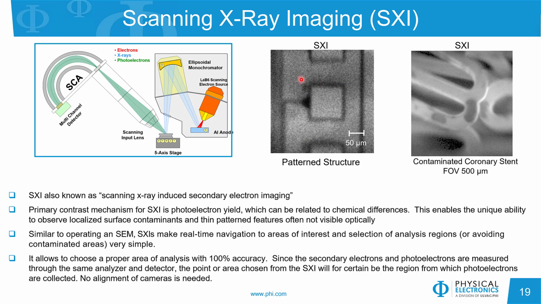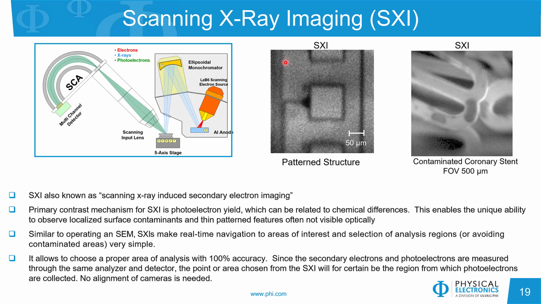This is the primary contrast mechanism in SXI. The secondary electron yield is related to chemical differences, so we can really easily observe contaminations, patterns, and sometimes we can find defects that are not visible optically. Very similar to SEM operation, we can navigate using SXI live by point and click and find areas for analysis.